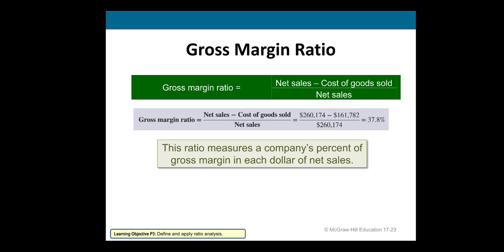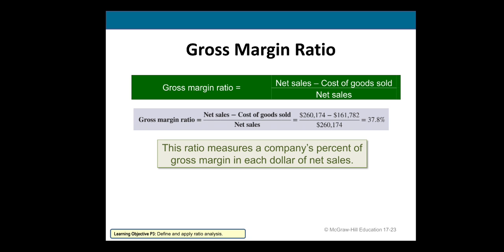Only merchandising businesses and manufacturing businesses have sales accounts, because they sell items or products or goods. A service business does not sell anything. A service business only provides services. So this ratio cannot be used for a service business.